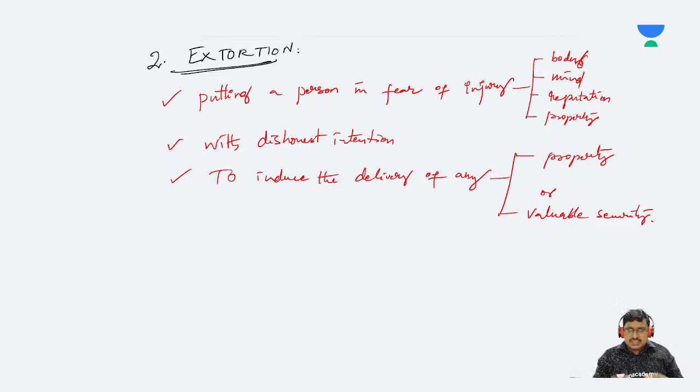Now the accused person is putting a person in fear of injury. Here the injury may be bodily injury.